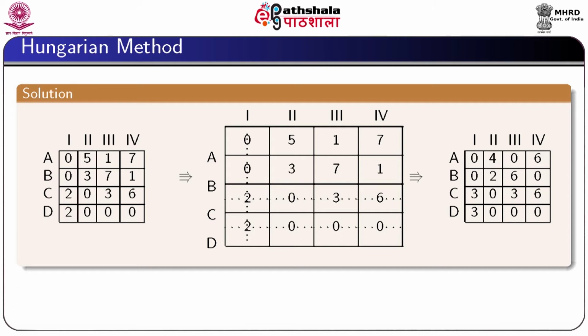In the next step, we choose the minimum element which is not covered by the horizontal and vertical lines, and then we subtract the minimum element from the uncovered elements, and at the same time we add that minimum element at the crossing of the horizontal and vertical lines. And in doing so, we get the result as shown in the last table of this slide.